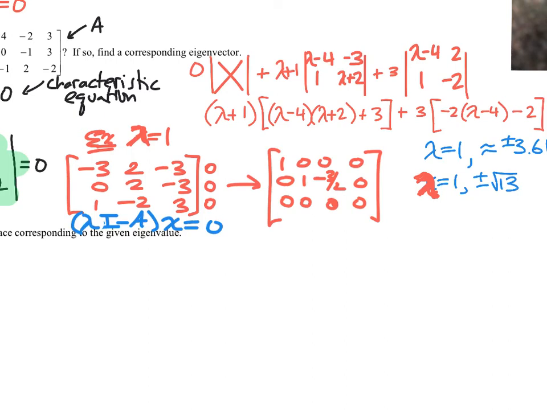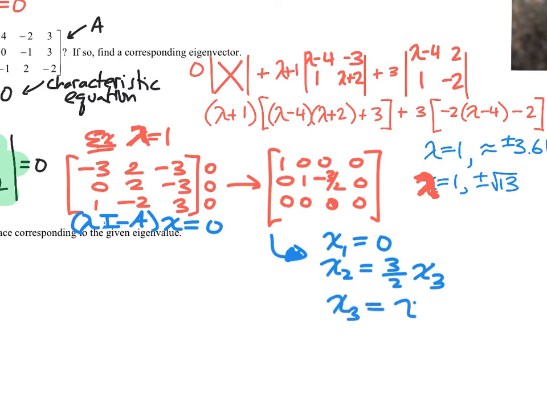All right. So this amounts to x1 equals 0. x2 is equal to 3/2 x3. x3 is our free variable, so x3 is equal to x3.